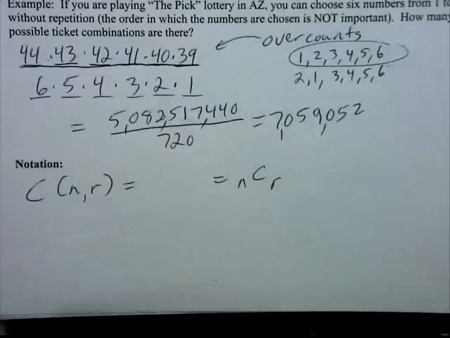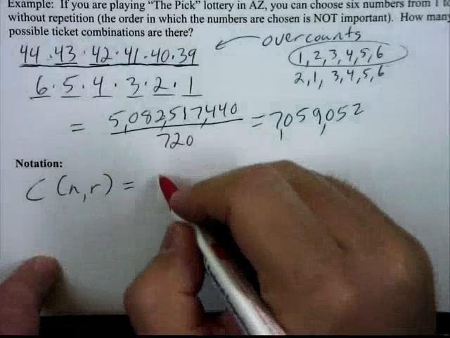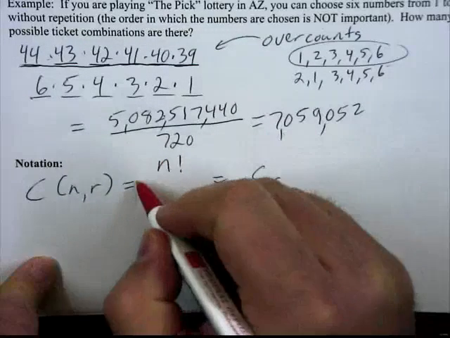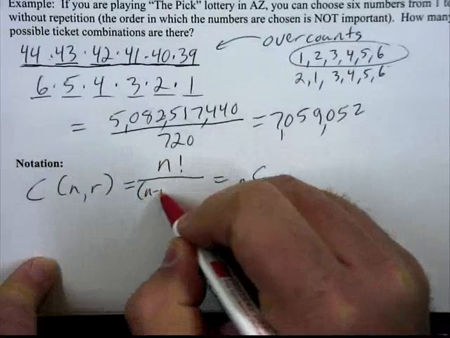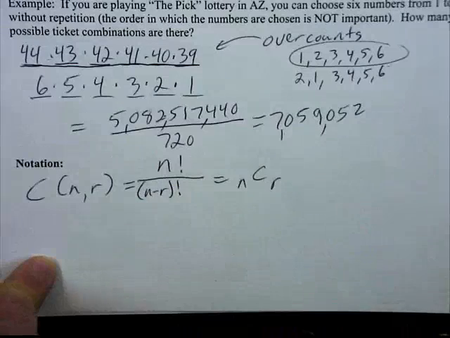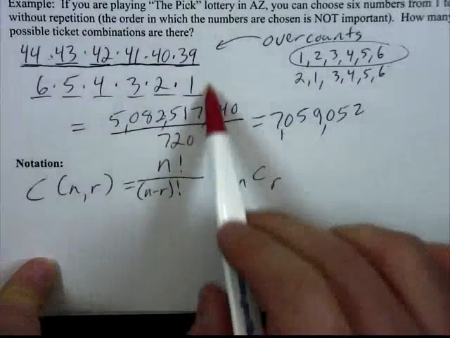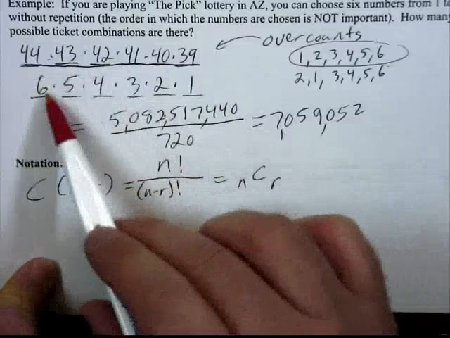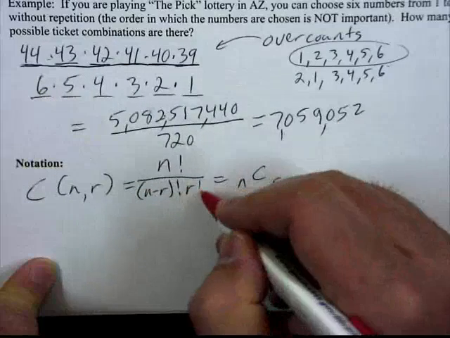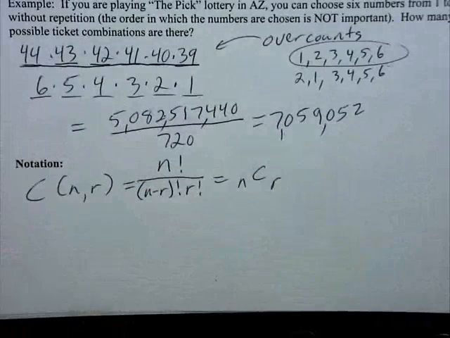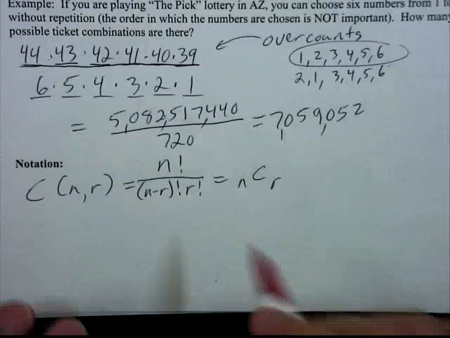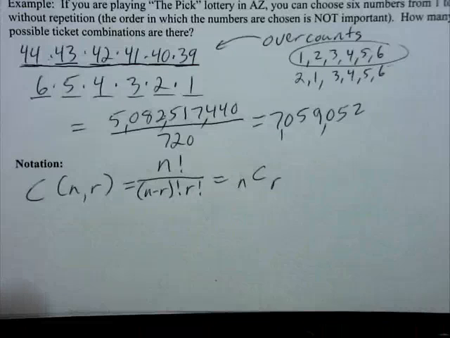This is a little different because it's going to start out the same. We're going to have n factorial over n minus r factorial. But we need one more piece. We need that overcount piece. And notice the overcount piece is just going to be r factorial. So we need to add that one last piece in.